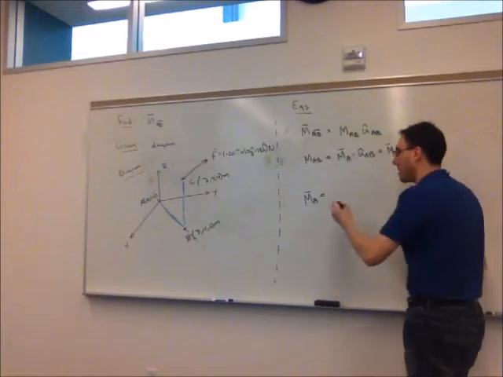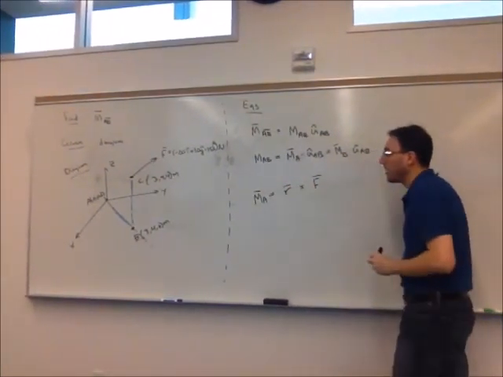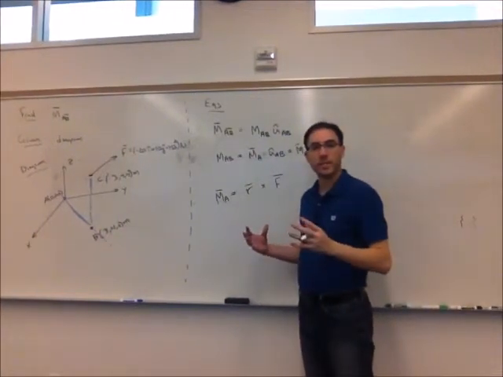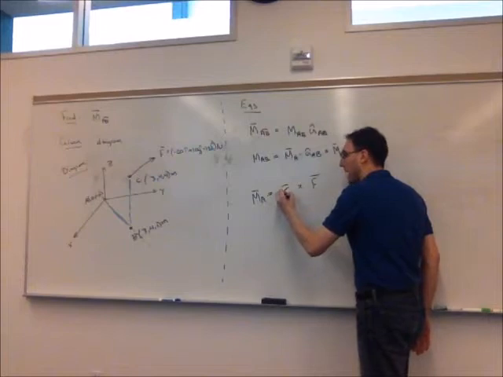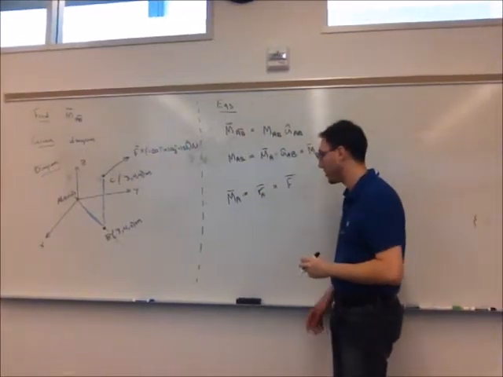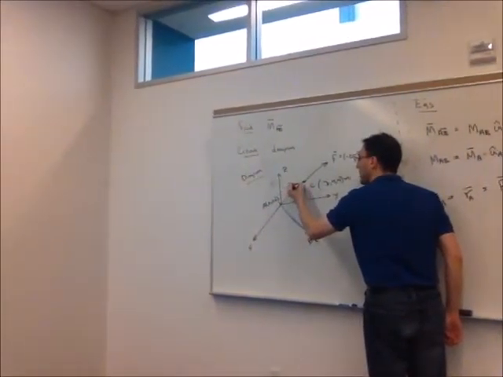So we're going to use r cross F here. We need to know which r we're going to use. Well, we want the moment around point A, so that already solves that question. It's pointing to where that force is being applied.